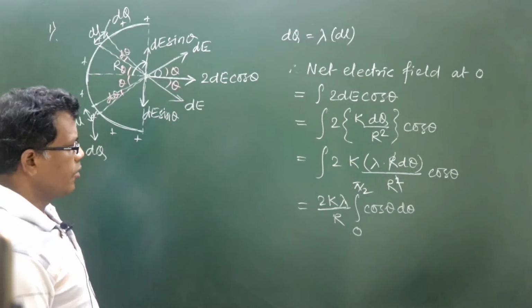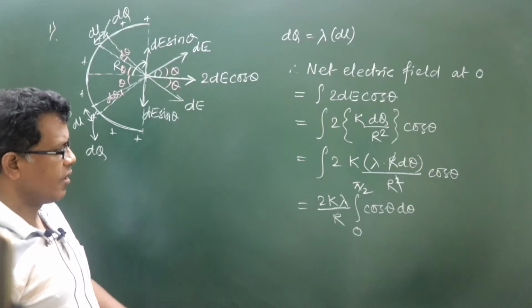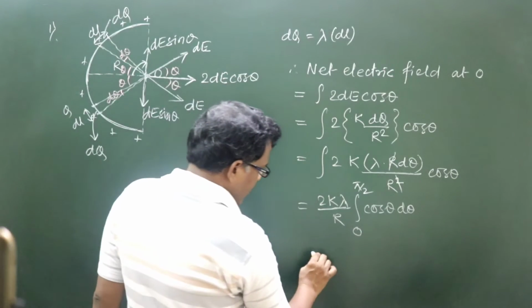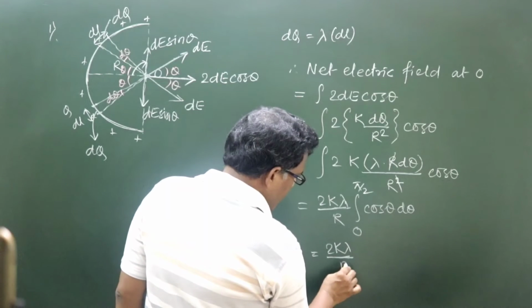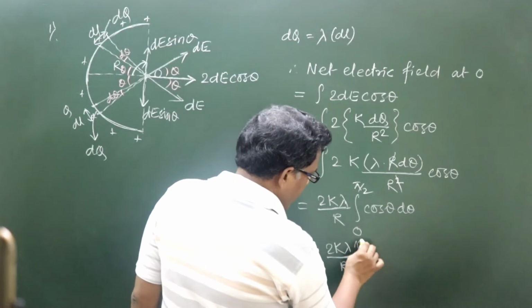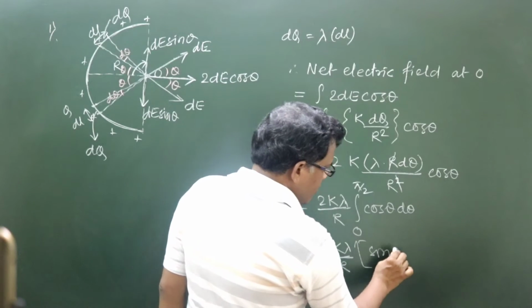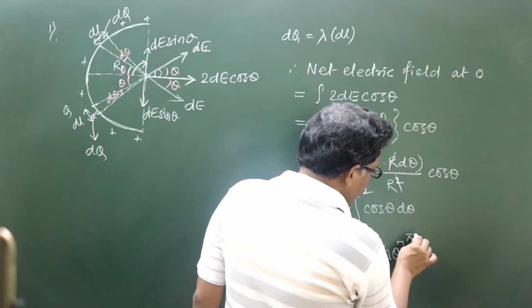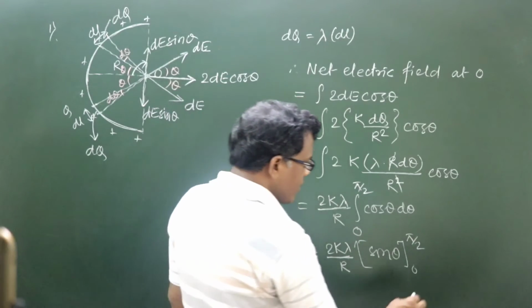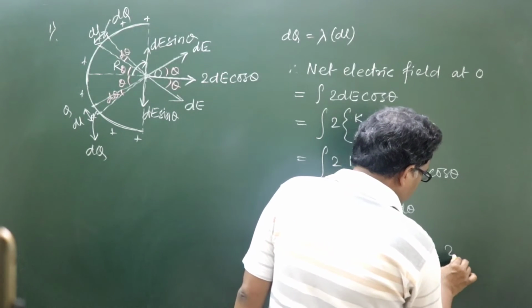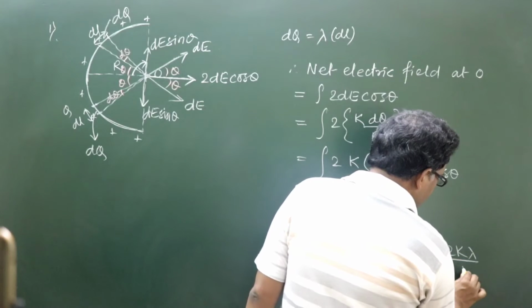Got my point? If we integrate, we get 2k lambda by r, times the integration of cos theta, which is sin theta. From 0 to pi by 2, sin pi by 2 is 1. So the final answer is 2k lambda by r.